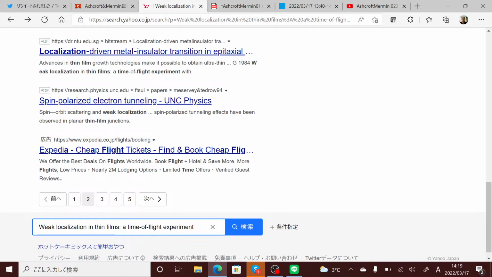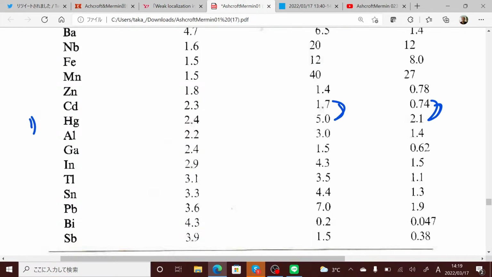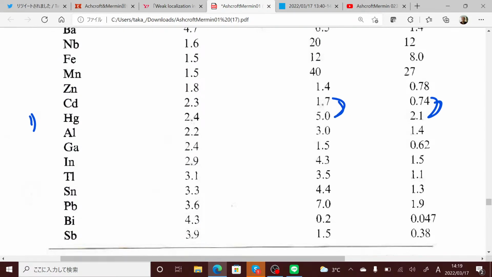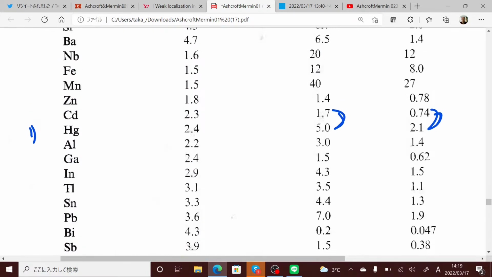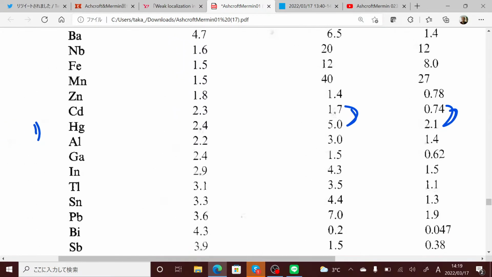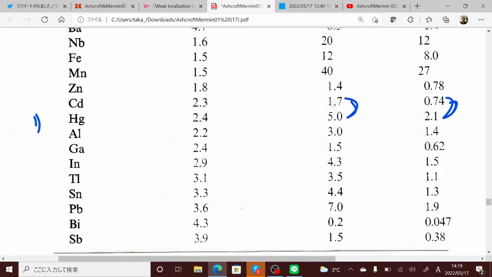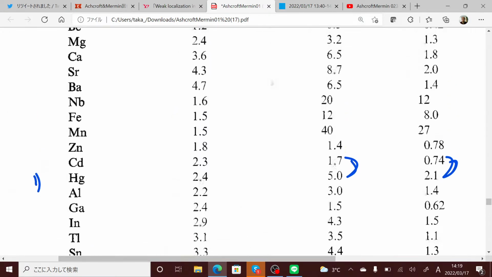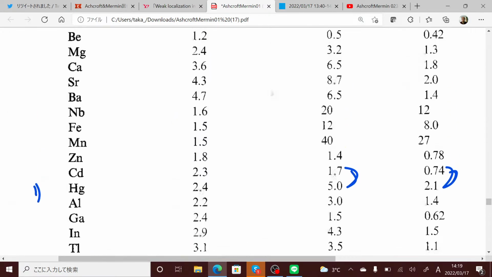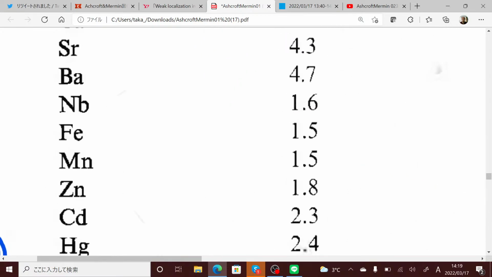Okay, I just wanted to show you that some experiment of weak localization was done using magnesium film. And magnesium, very interesting. So, magnesium, okay, sorry, that was not manganese. Magnesium.